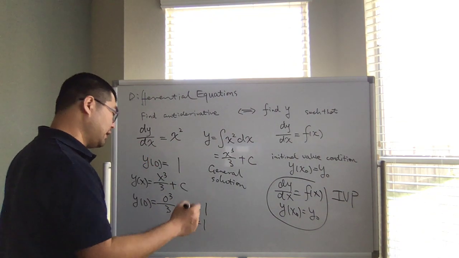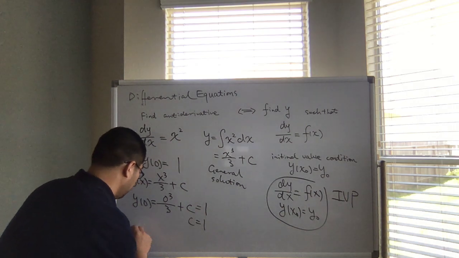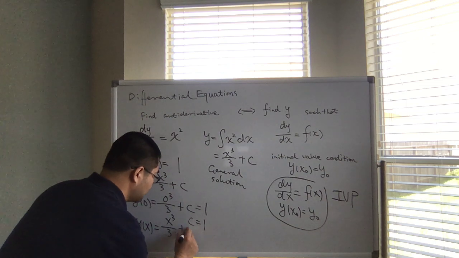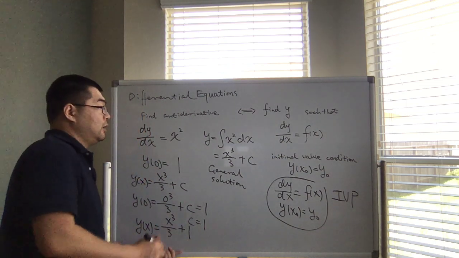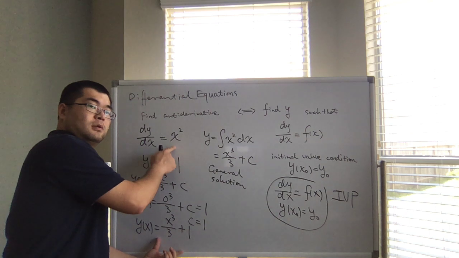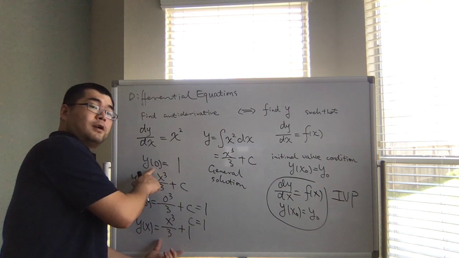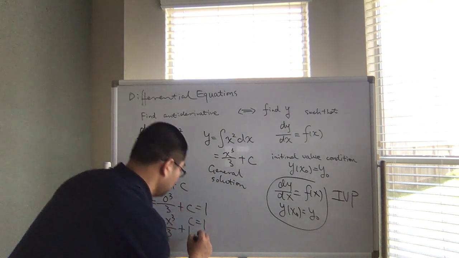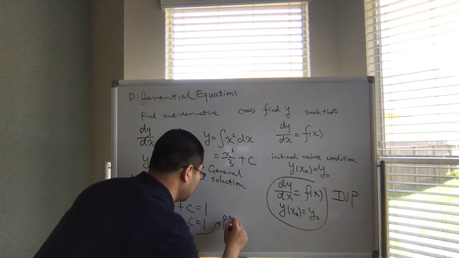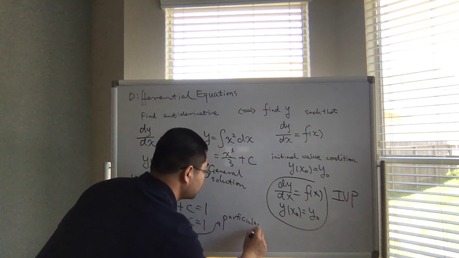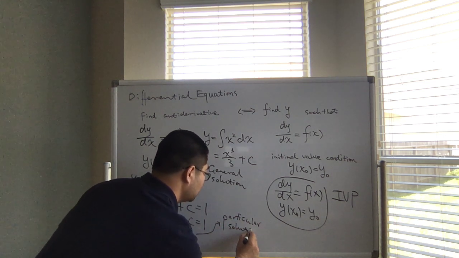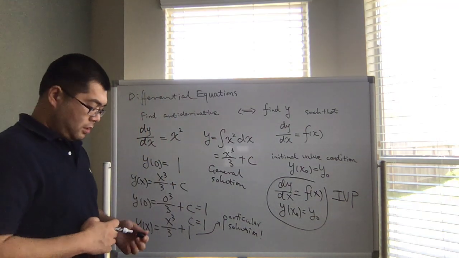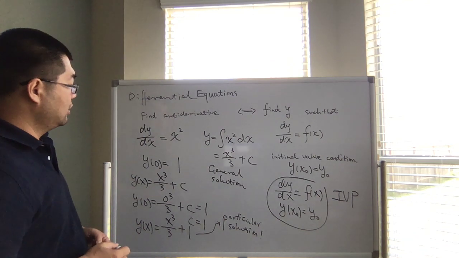Then y of x is going to be x cubed over 3 plus 1, which not only satisfies this differential equation but also satisfies my initial value condition. We have a name for this solution: it's called a particular solution.